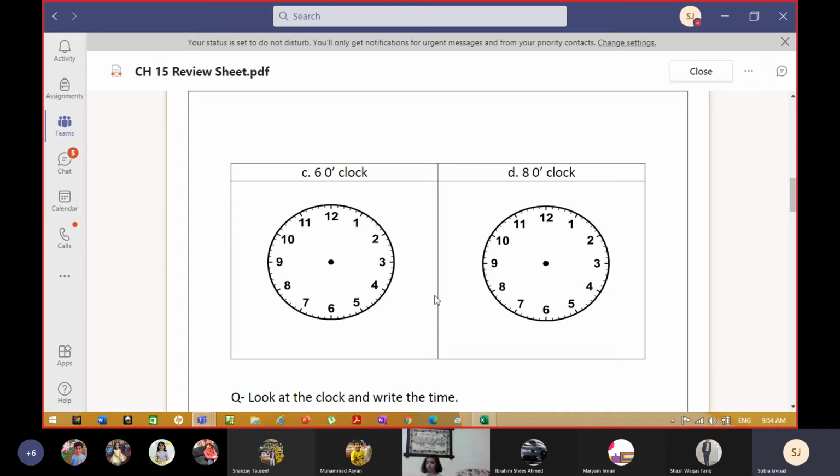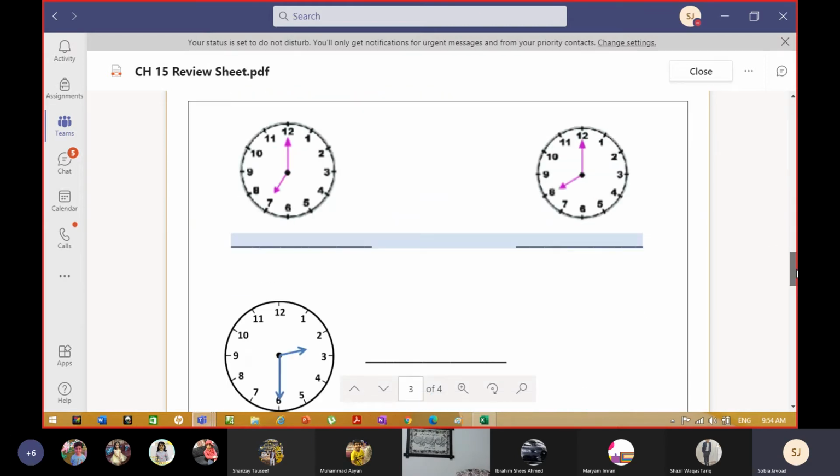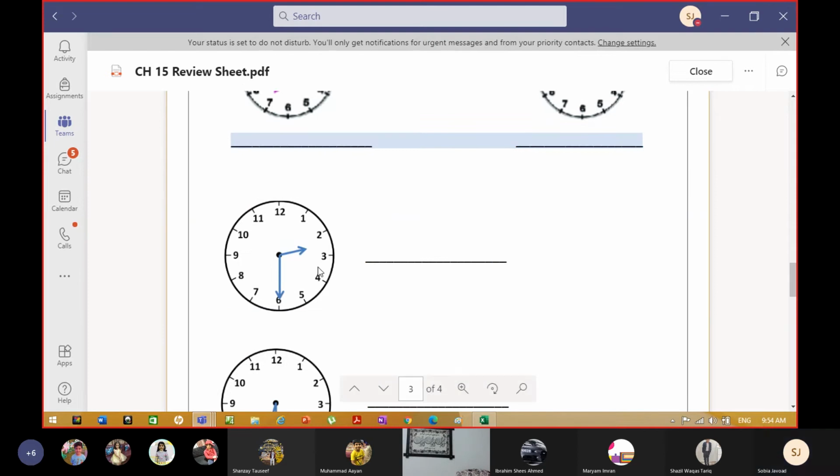Yusuf is present today? Okay, that's great. Yusuf, what is the time on this clock? Look at this clock. What is the time here? Half past 3.